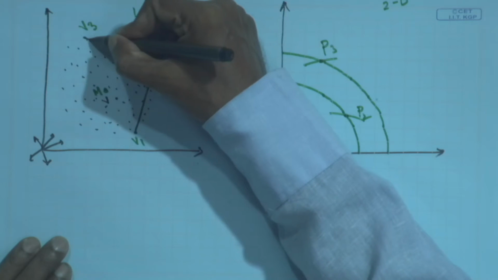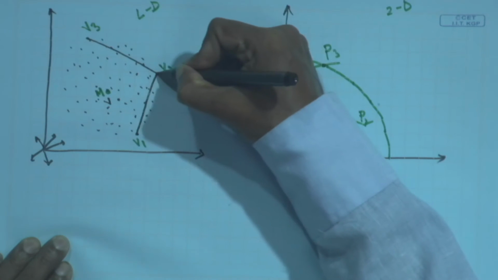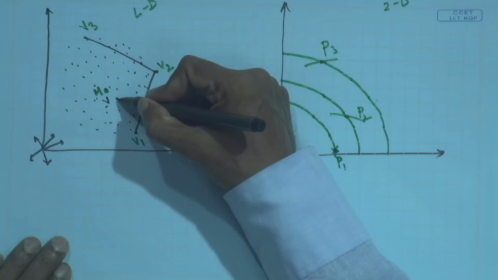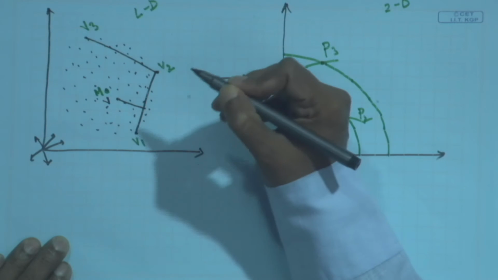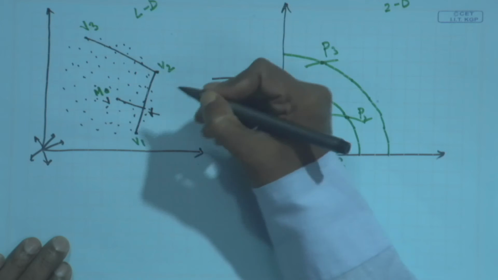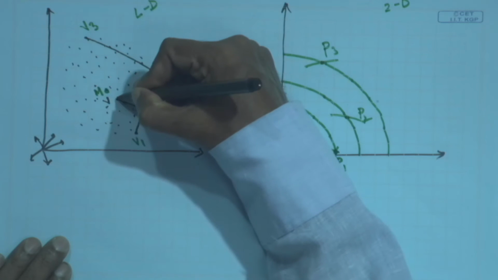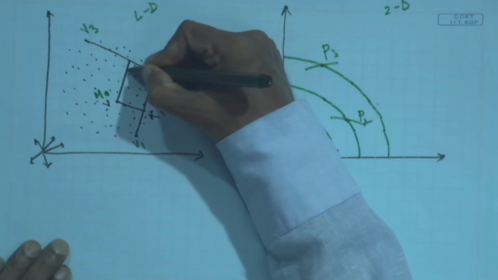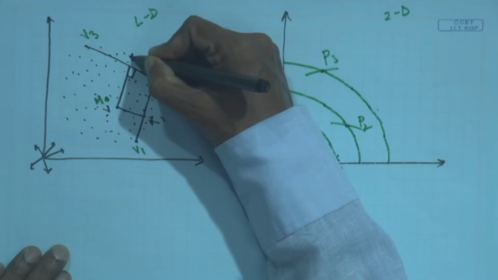Similarly, we join V2 and V3 by another straight line, and from V you draw the perpendicular on V1, V2, and I will be getting a point that is your K1. Similarly, from this point V, I will be getting another perpendicular, and I will be getting this particular point as K2.